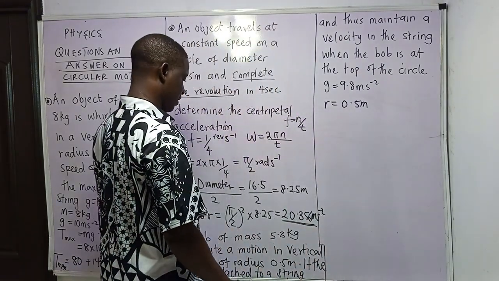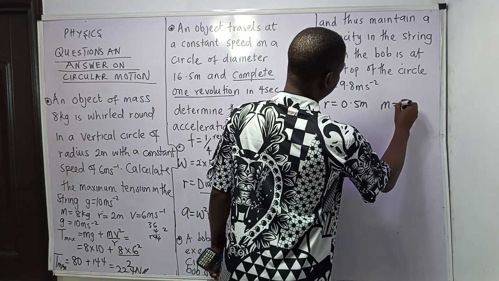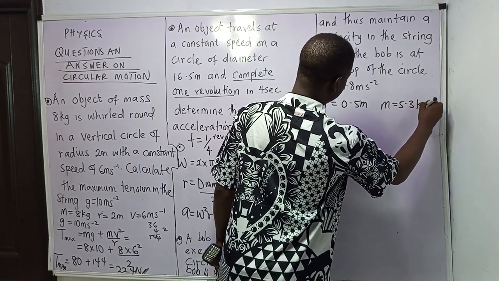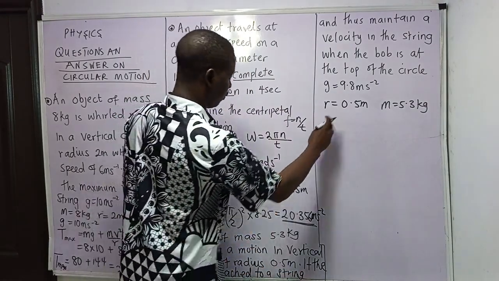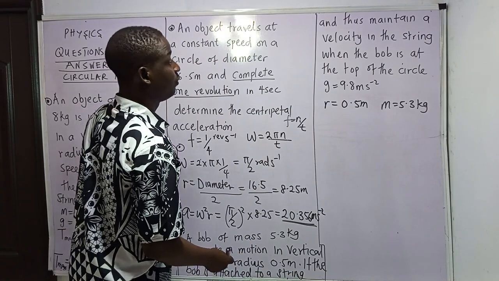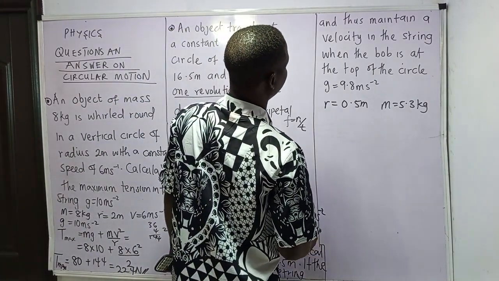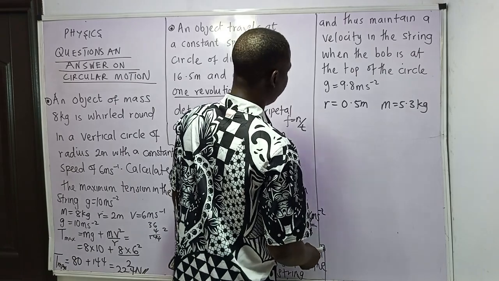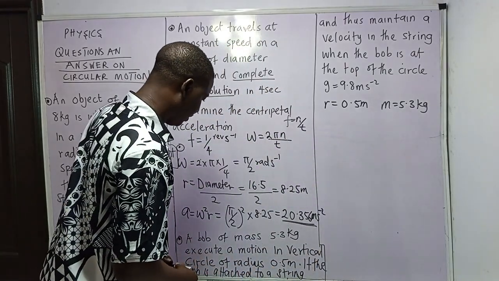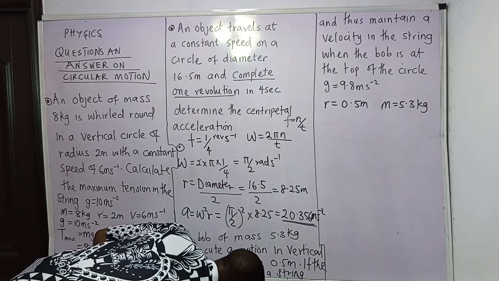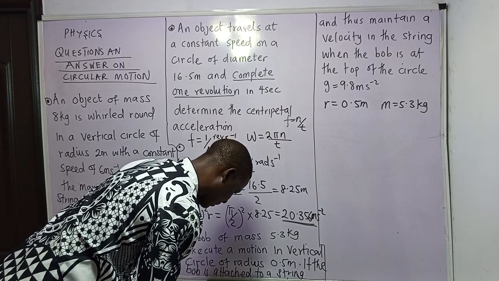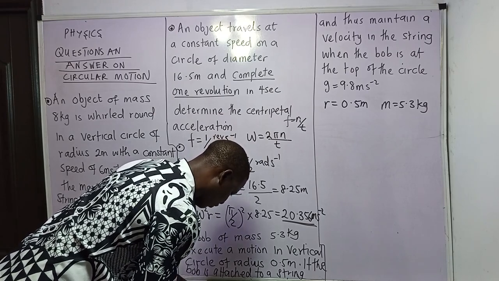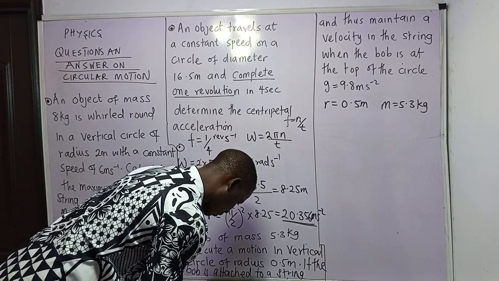Now the mass is 5.3 kg, the radius is 0.5, but the velocity is not given to us. Let's check. There should be a velocity.